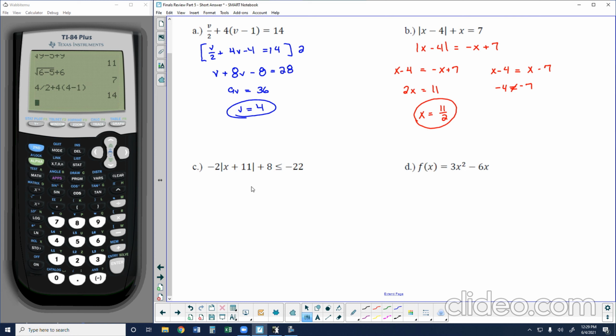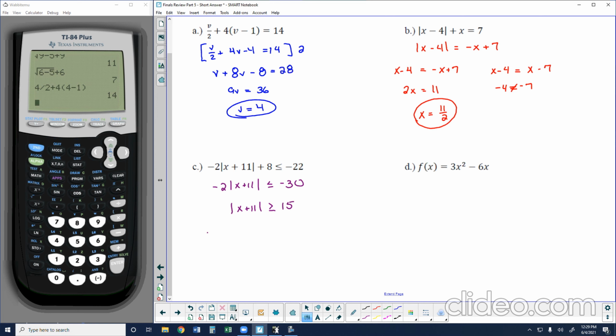So I'm going to go ahead and follow reverse order of operations first to get my absolute value by itself. So I would subtract 8 from both sides and then divide by a -2. Now remember, with inequalities, when I divide by a negative, I have to change the direction of that inequality. So this would say that the absolute value of x plus 11 is greater than or equal to 15.